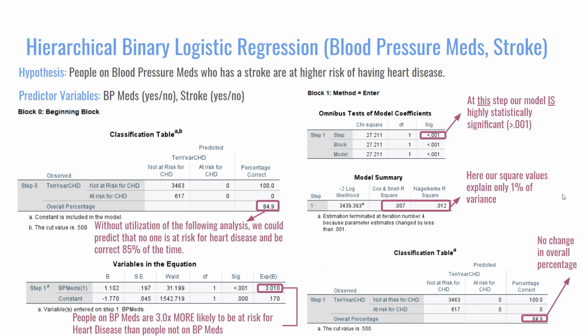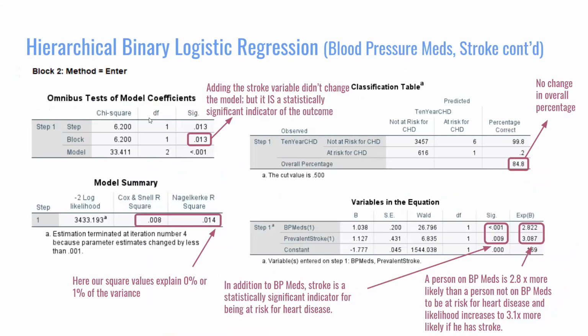And for the second block, I added stroke with blood pressure meds. First I added blood pressure meds and then stroke. And there was a little bit of change, but it didn't change the model, as it was still 0.01 and it is still statistically significant. So stroke is still a statistically significant indicator for the outcome.